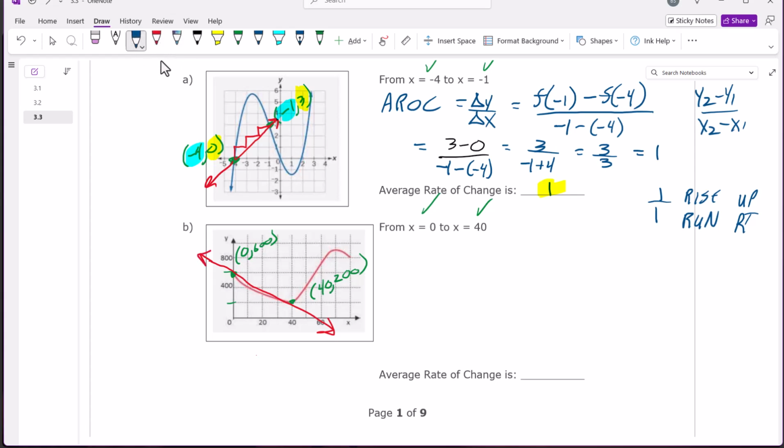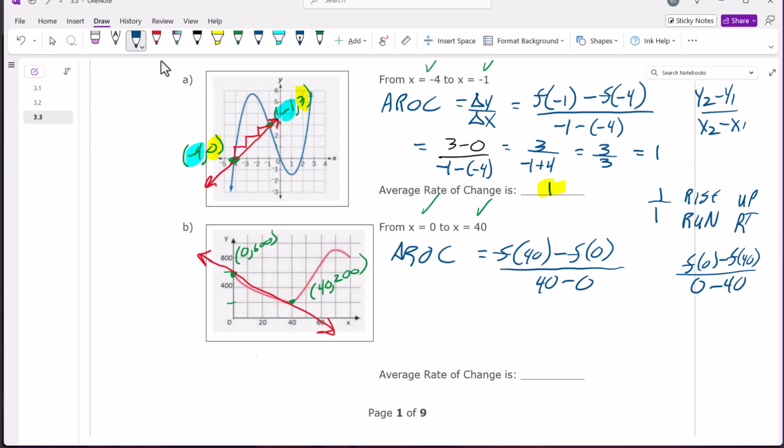So when we find the average rate of change, again, we're going to do f of 40 minus f of 0 over 40 minus 0. Now be sure you do those things in the same order. You could also do f of 0 minus f of 40 as long as you do 0 minus 40. You're going to get the same answer regardless of which way you do that.